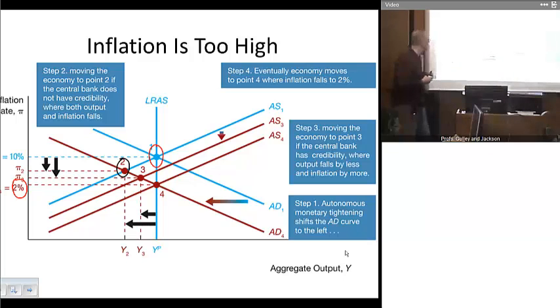So for a while, the economy operates at point 2. Now, over time, inflationary expectations will adjust, and the economy will reach its maximum sustainable output back at something like point 4 here, and inflation will, in fact, decline down to a more desirable level of, say, 2%. But in order to get that lower inflation rate, we had to pay a price.